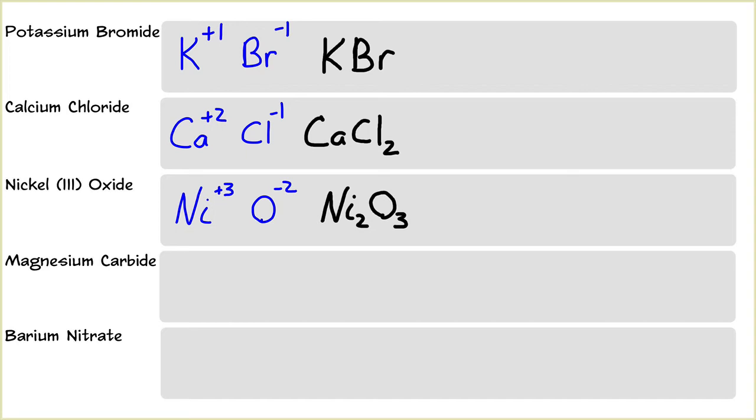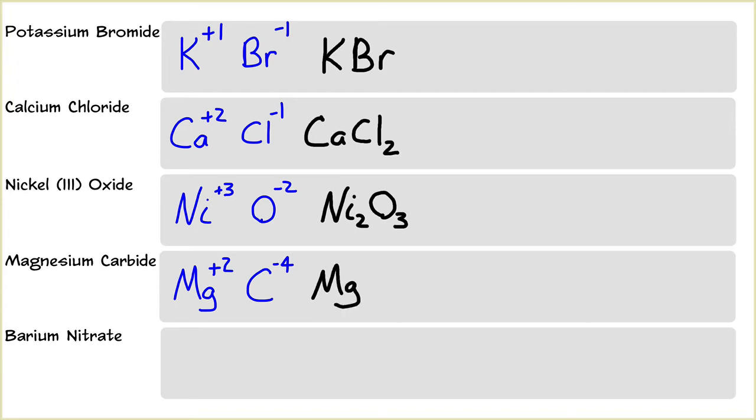Okay, for the next one we've got magnesium, and magnesium is in the +2 column. And we've got carbide, and carbide is in the ±4 column. Well, it's being named last, so it has to be an anion, so this would be -4. So we write down the formula, trade the subscripts, and this becomes Mg.